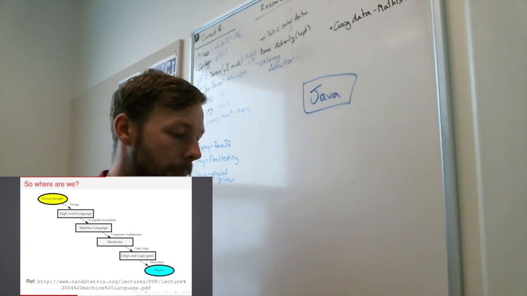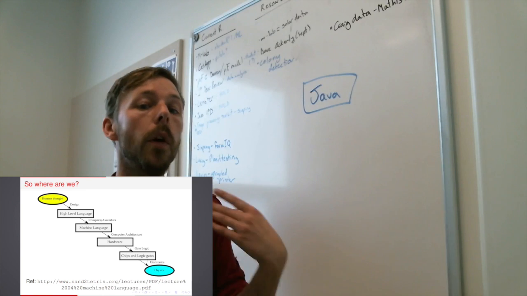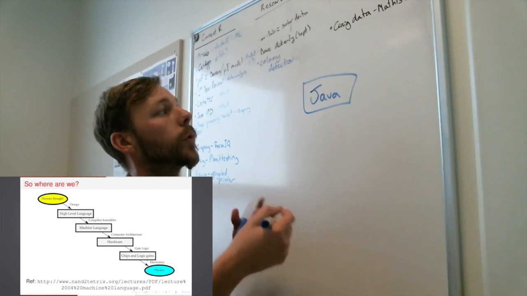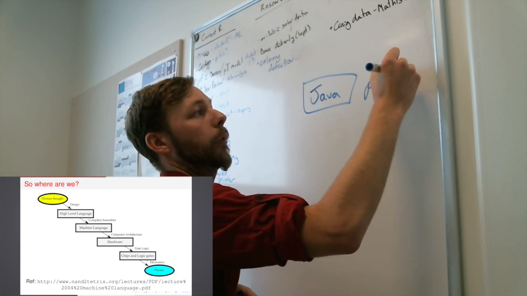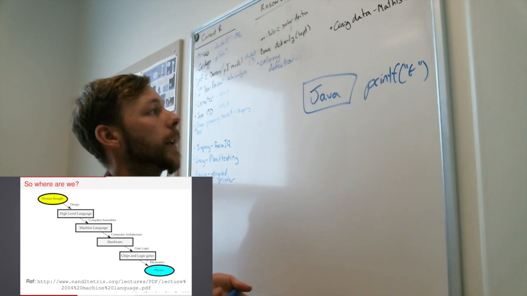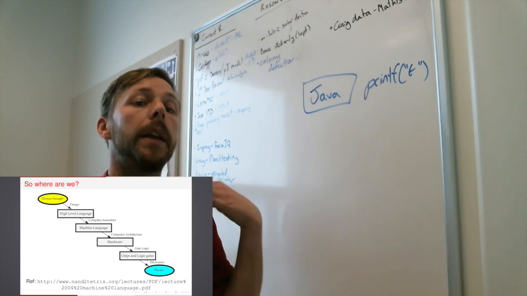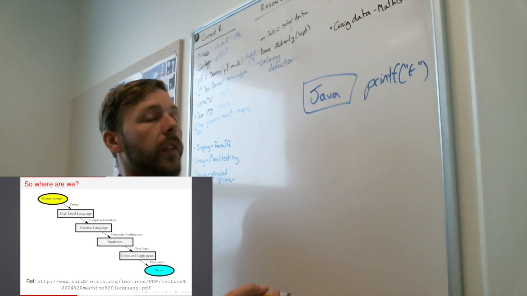And in the past, I've wrapped all this up and said, oh, it's the compiler that does that. Yes, that's true, but what your compiler does is it turns your Java code. So let's say we've got a Java statement which is printf, and then it has some string in there. Let's call it the letter T for argument's sake. So before that code can be executed by something like the little man in your CPU, that has to be compiled.